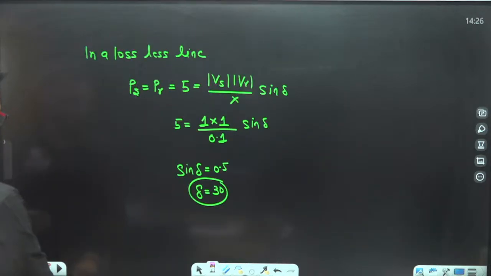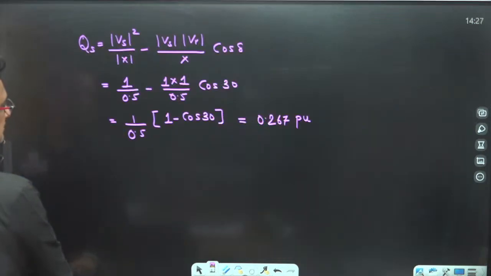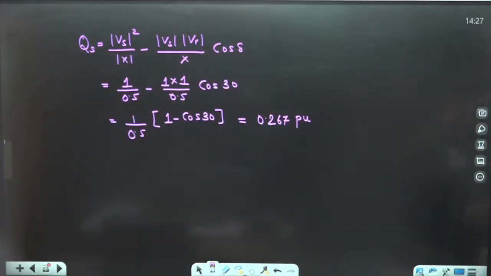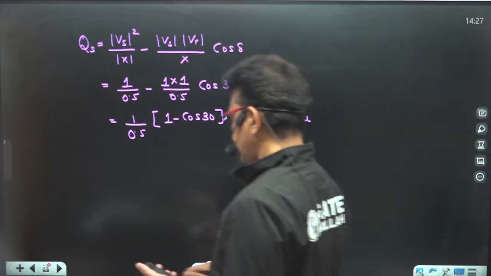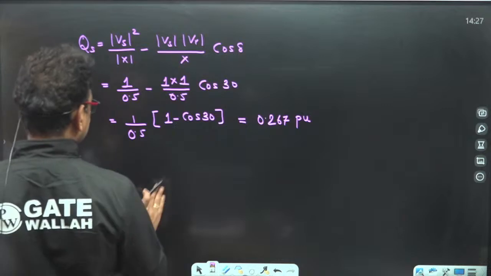Clear? So it was not 0.5, it was 0.1. X is 0.1.